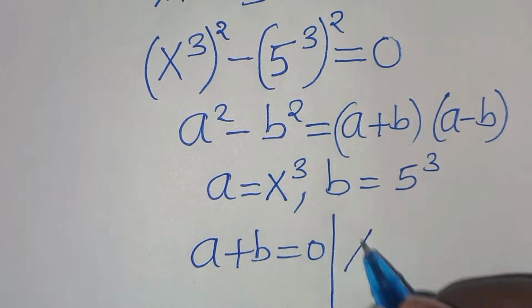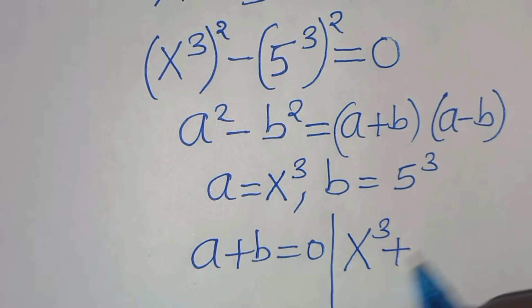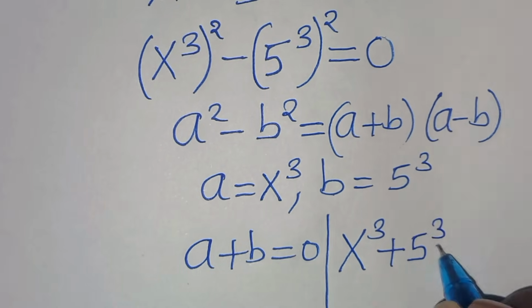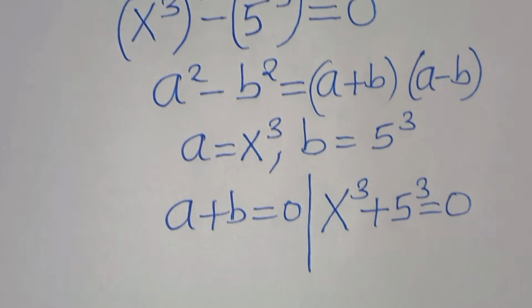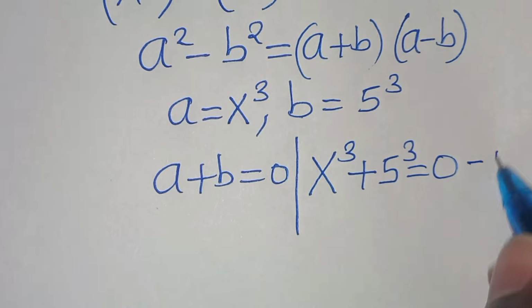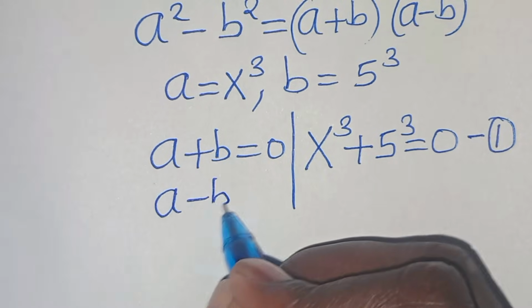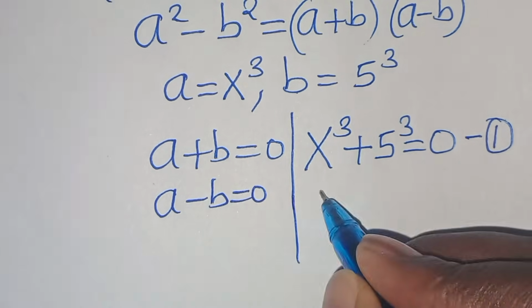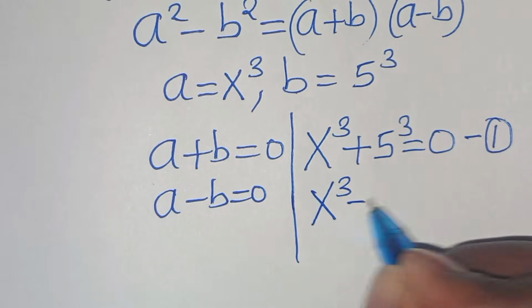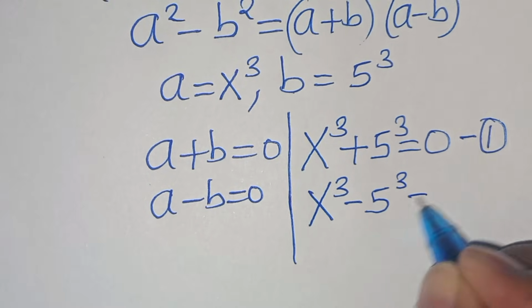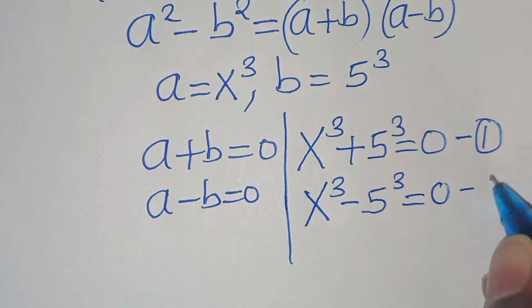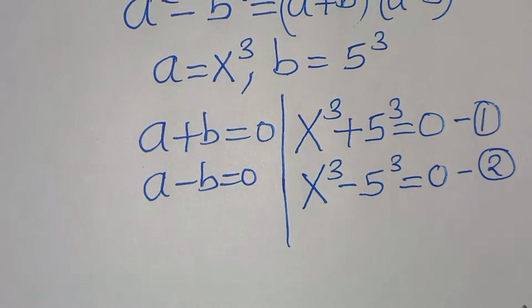This means x to the power of 3 plus 5 to the power of 3 is equal to 0. Let's call this case 1. And we have a minus b equal to 0, which is the same thing as x to the power of 3 minus 5 to the power of 3 equal to 0. Let's call this case 2.